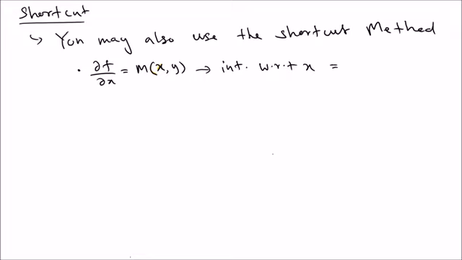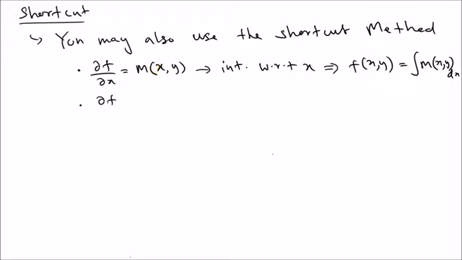Once you do that, you get a function f(x,y). You just integrate with respect to dx. When you integrate, you simply consider y a constant. So you get some expression.